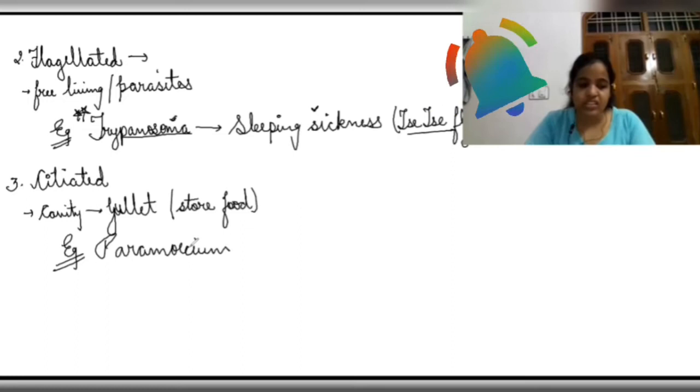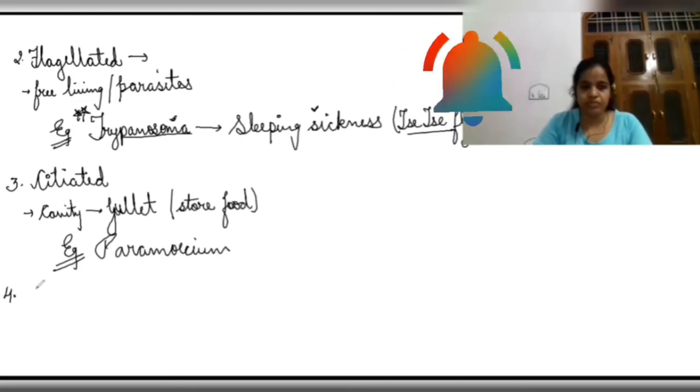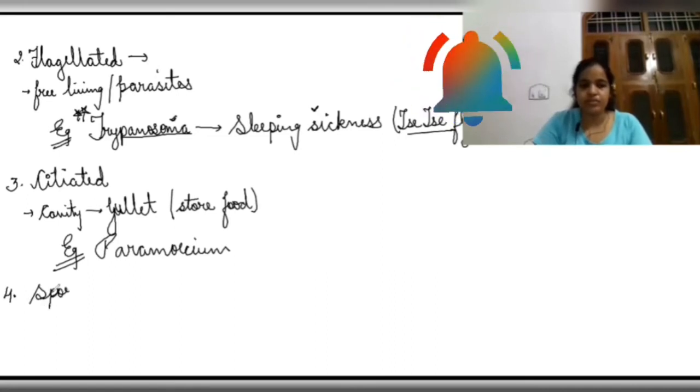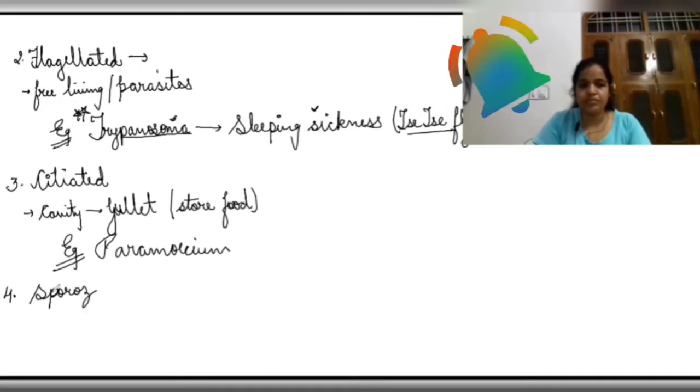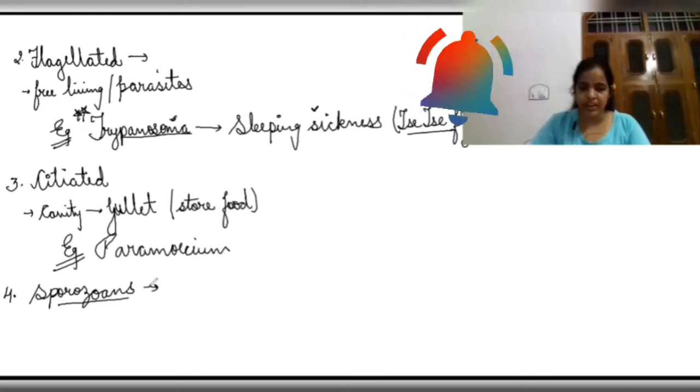Now next is number 4, that is sporozoans. Sporozoans are those protozoans which have spore formation in their life cycle.